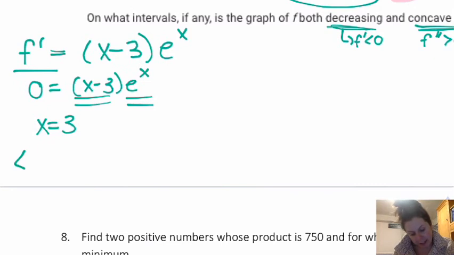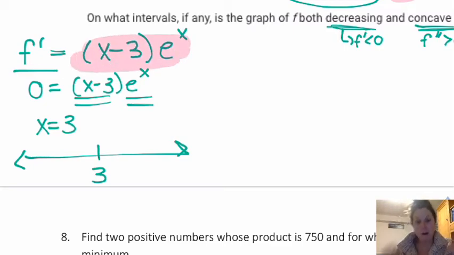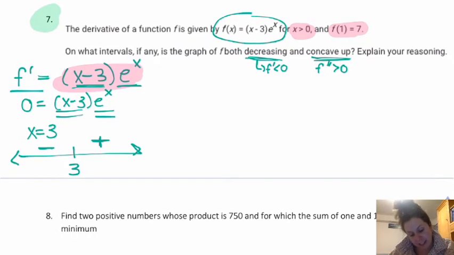Now, I'm going to have to check f prime for that sign analysis. So if you plug in a number less than 3, let's say we plug in 0, right? So this factor would be negative. This factor, e to the 0, is just 1, so this is going to be a negative. If you plug in a number bigger than 3, it's going to be positive. So f is going to be decreasing on this interval. I know that's what I'm looking for.